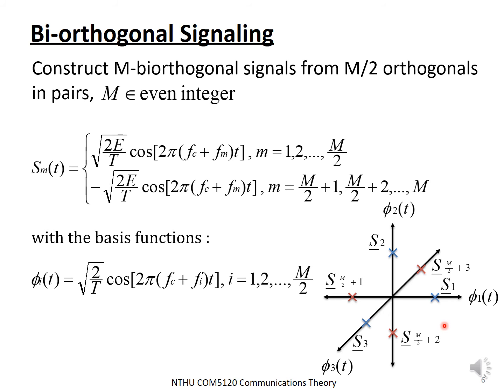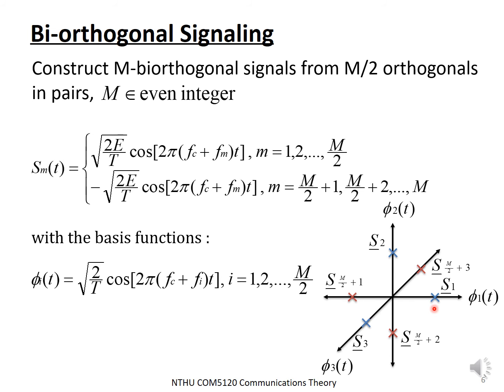In this way, because the number of carrier frequencies is reduced to half of M, the required bandwidth for this signaling also reduces to half of M times delta f minimum.